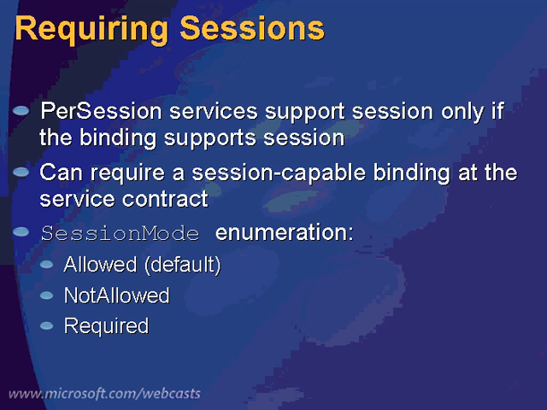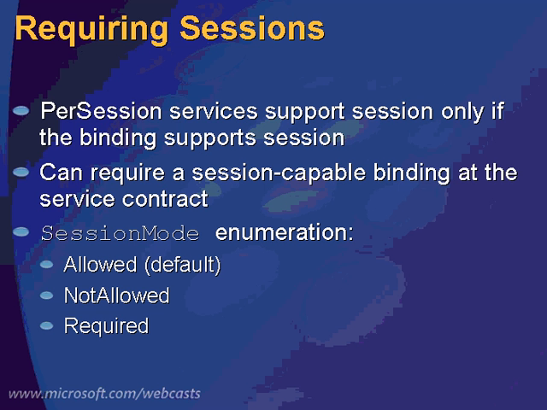You can also require sessions. So for example, if you set the service up as per session, what that means is if there is a binding that supports session, then it will work. You'll have a session, and the same service object will be allocated for each call. But if you're using basic HTTP binding, for example, then no, you will not get a session.